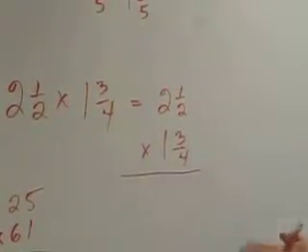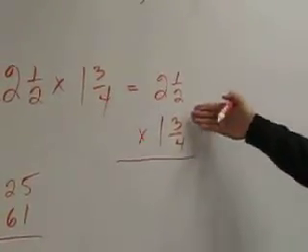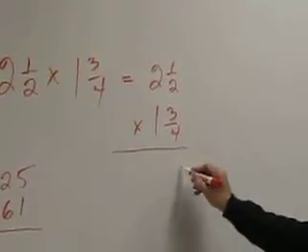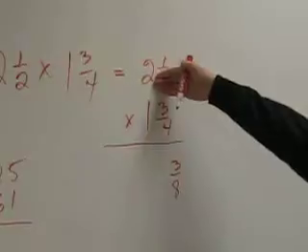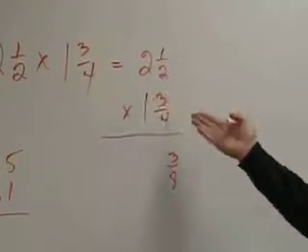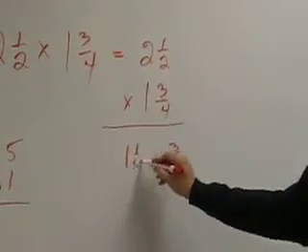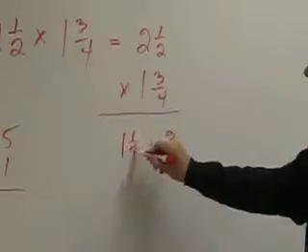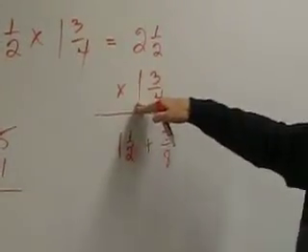So one way to perform this multiplication is as follows. 3/4 times 1/2 gives me 3/8. 3/4 times whole number 2 gives me 6/4, or an equivalent form is 1 1/2. I move over to the whole number now.